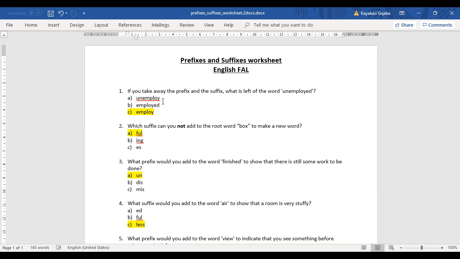Remember, we said antonyms are words that have the opposite meaning. So if you were asked here to provide an antonym for employ, it would definitely be unemployed. But this is not how they will ask you these questions in exams. I'll just show you now how they will ask you.